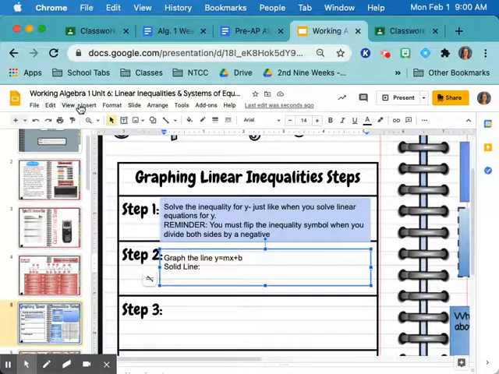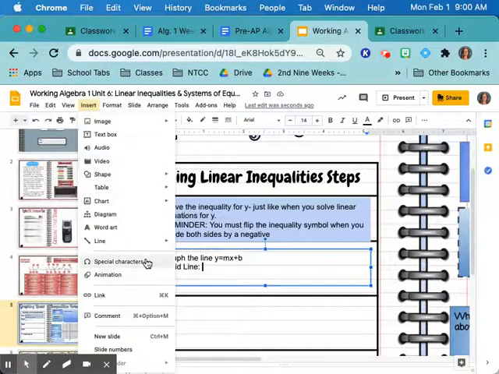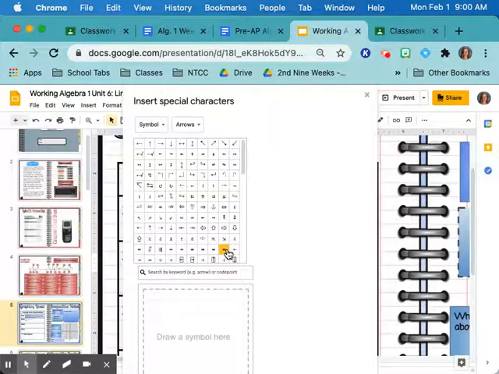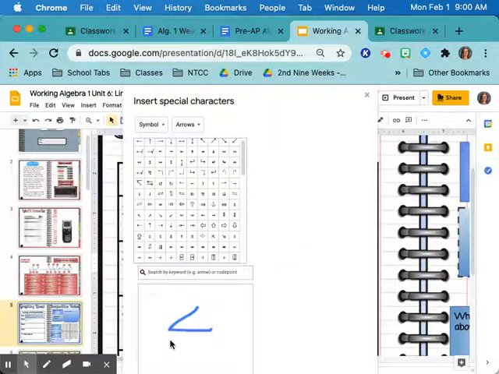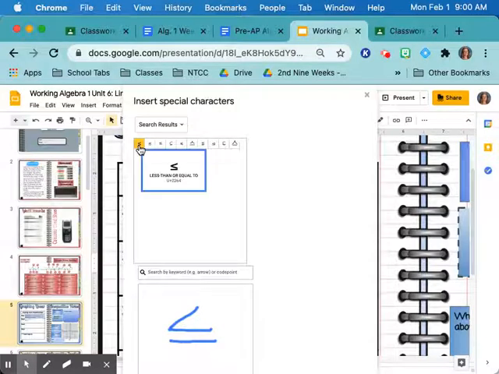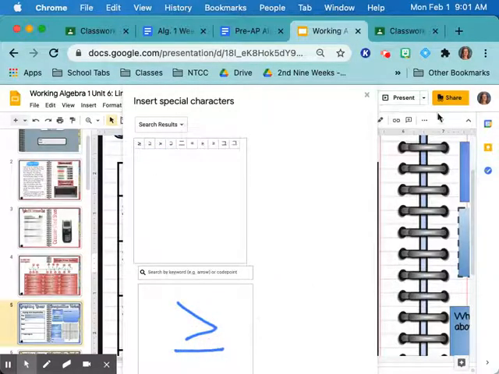So let me find insert special characters: less than or equal to, and then greater than or equal to.